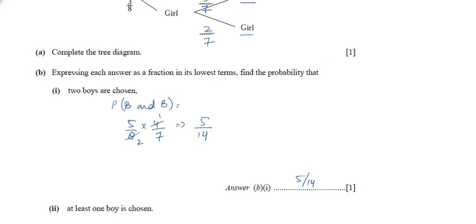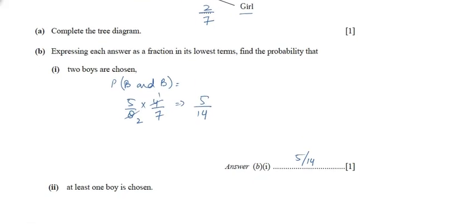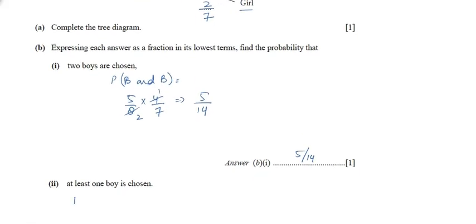Okay. The next part is at least one boy is chosen. At least one boy is chosen means that it can be boy and girl, or girl and boy, or boy and boy. All these are possible outcomes in the case of at least one boy.